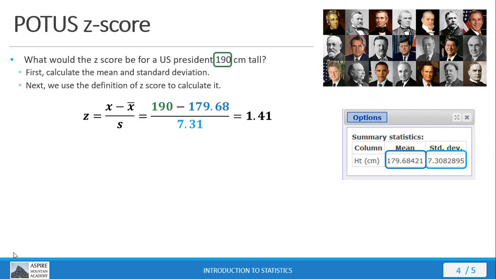Now, how many standard deviations is this? The z-score tells you. I'll give you a moment to answer this question, or you can just guess if you want. Go ahead and make your response.